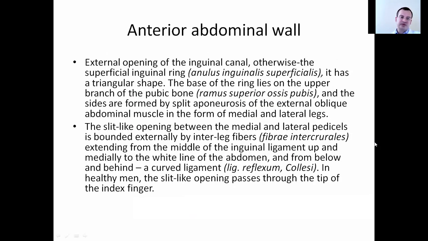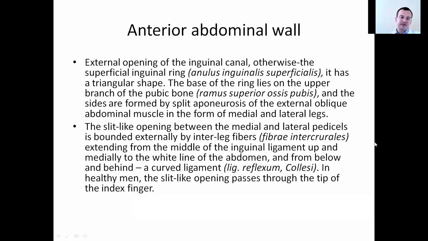The external opening of the inguinal canal, otherwise the superficial inguinal ring, annulus inguinalis superficialis, has a triangle shape. The base of the ring lies on the upper branch of the pubic bone, ramus superior ossis pubis, and the sides are formed by the split aponeurosis of the external oblique abdominal muscle in the form of medial and lateral crura.